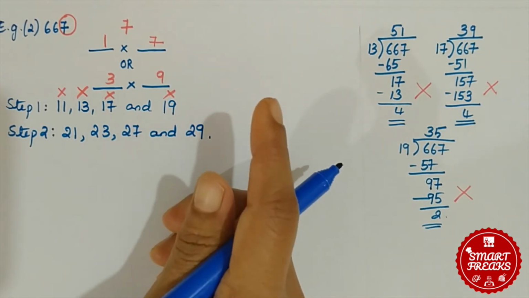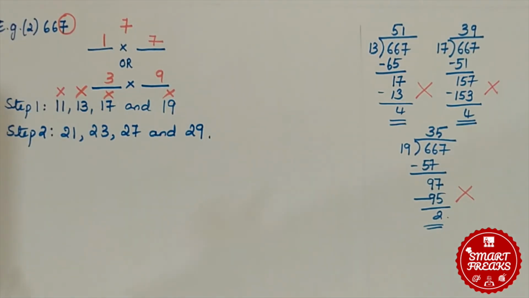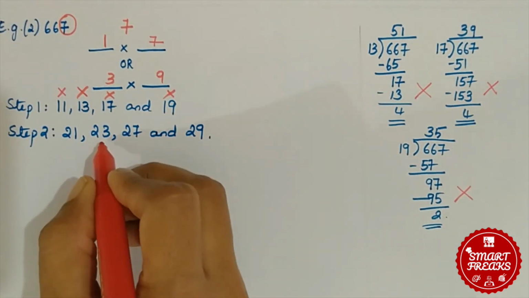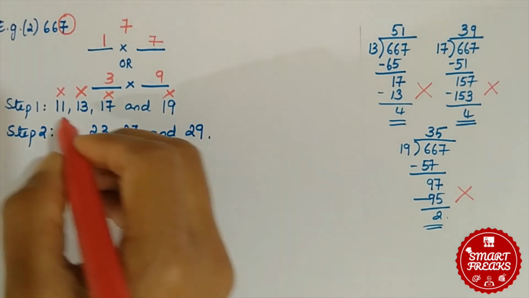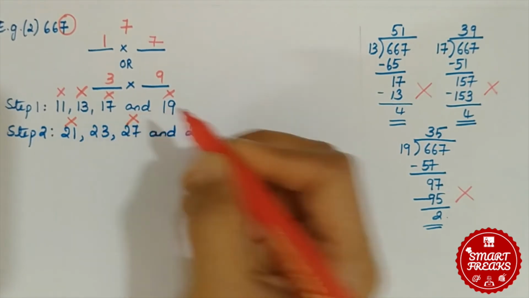Only 23 and 29 are prime numbers. So these are not the prime numbers, we can eliminate them.